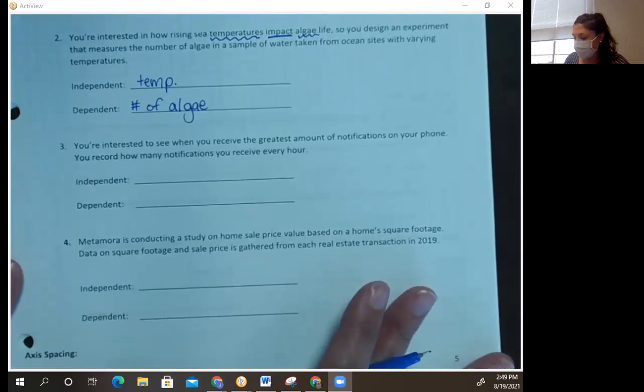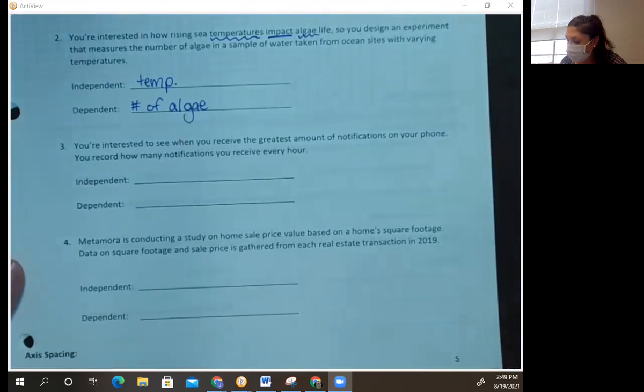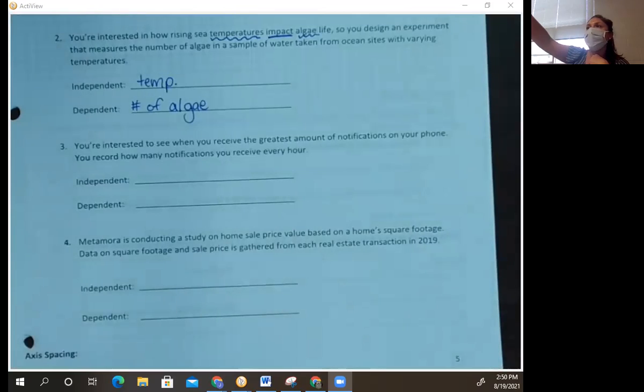How about number 3? You're interested to see when you receive the greatest amount of notifications on your phone. Record how many notifications you receive every hour. So the thing that I am controlling is how often I record the notifications.